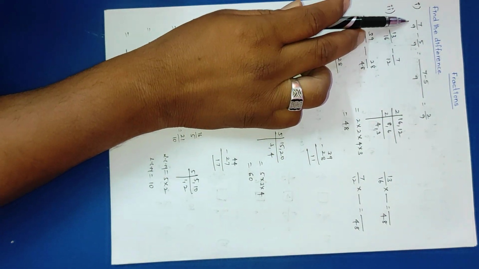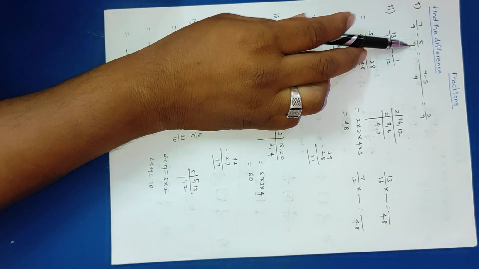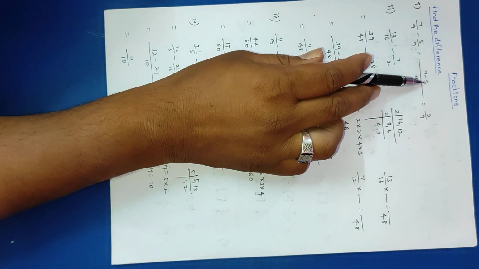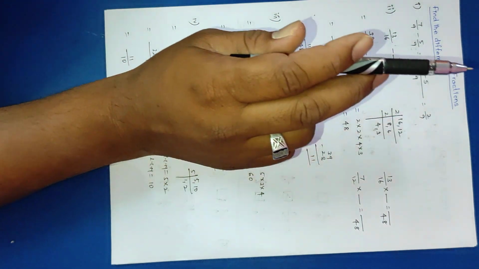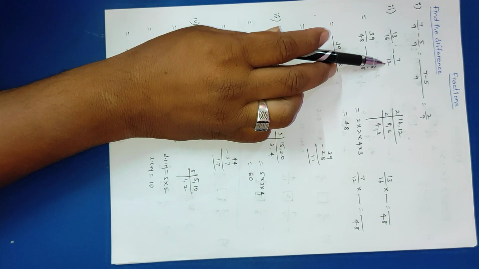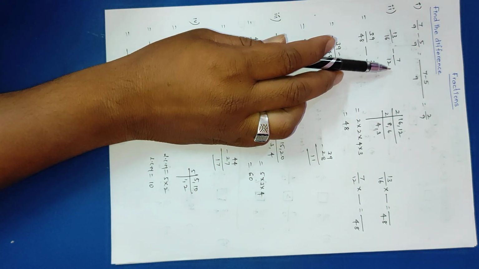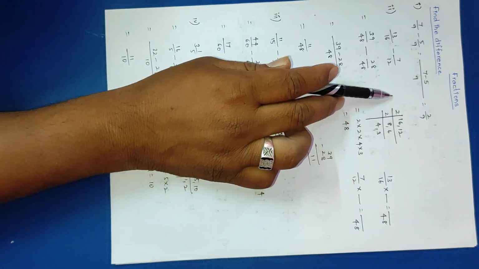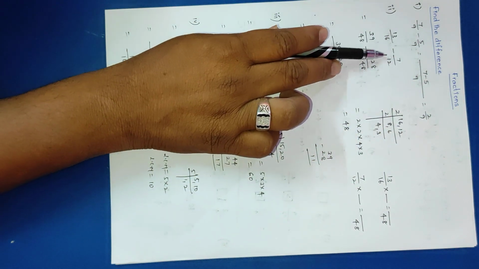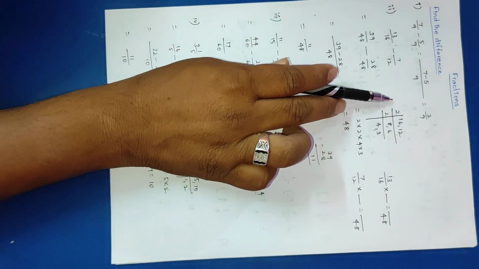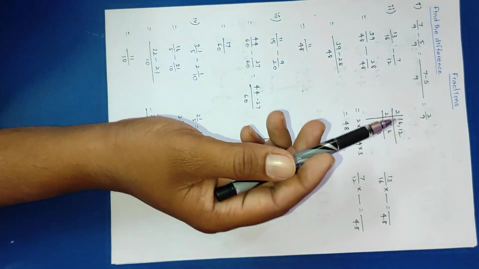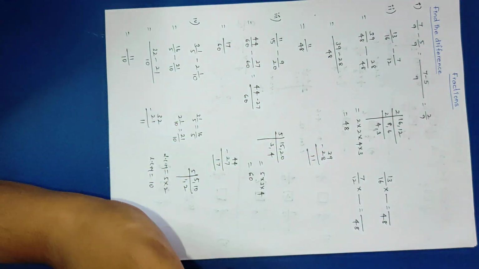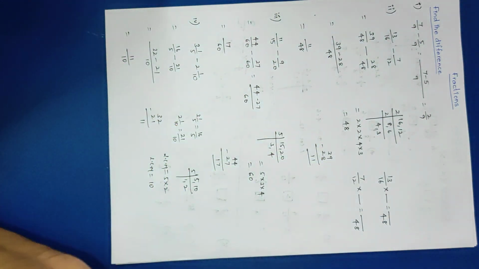Now 9 and 9 are both the same denominators, so they are like fractions. Directly we can subtract the numerators. Now 16 and 12 are different denominators, so find the LCM of 16 and 12. To find the LCM, recall the prime numbers 2, 3, 5, 7, 11, 13, 17, 19 and so on.